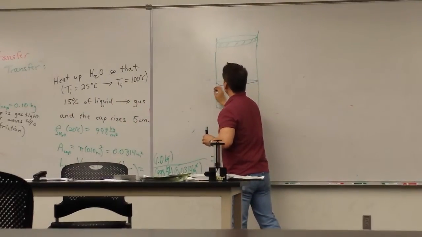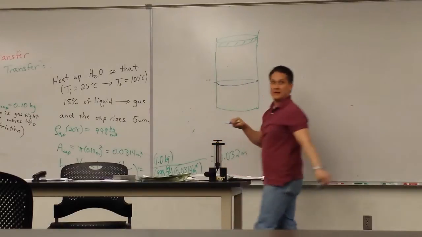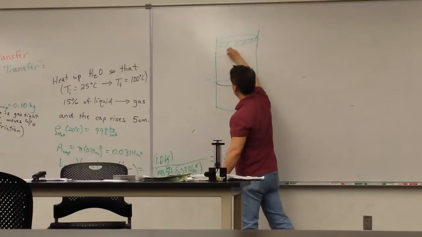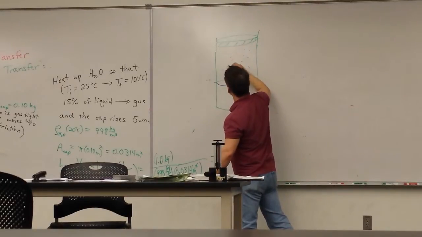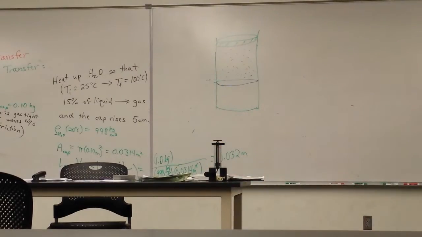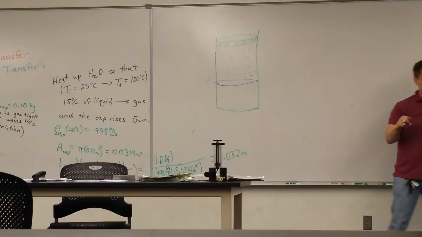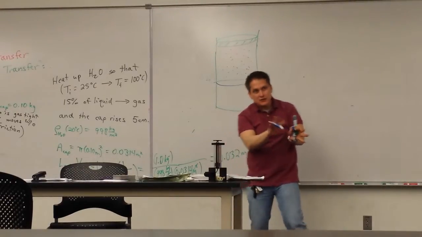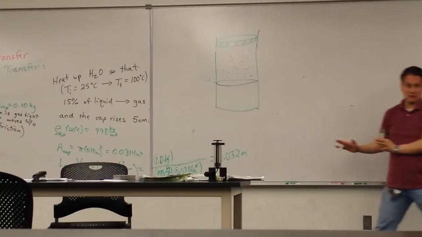If this was L naught, now it's dropped a little bit. And the amount of that drop is due to all of these water particles in here. Oh, yeah, because it evaporated. Now it's expanded. There's the expansion you were talking about. We were talking about phase change on Tuesday. You said, oh, but isn't it going to change the volume? Absolutely. Yeah. Didn't want to worry about it too much at that point, but you betcha.